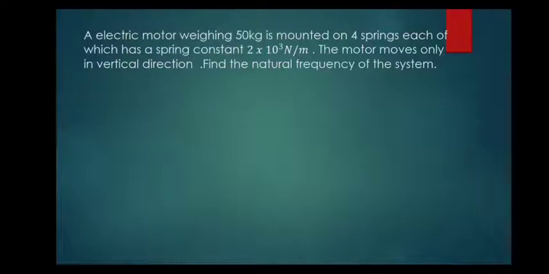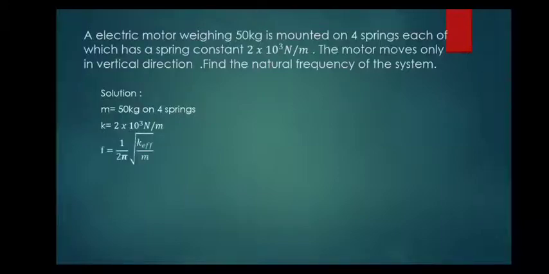So here mass is given as 50 kg, which is on 4 springs, and K, the force constant of each spring, is 2 into 10 to the power 3 Newton per meter. We have to make use of the formula f = 1/2π √(effective force constant/M).